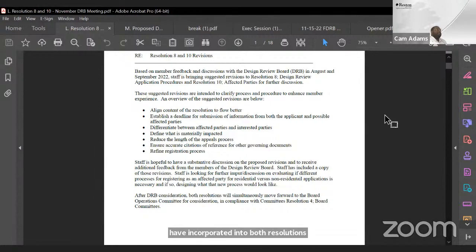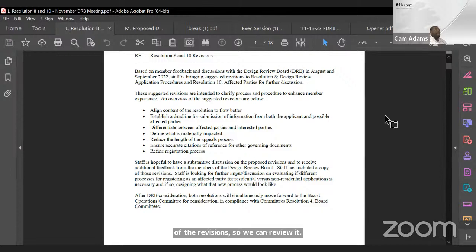Since the last discussion on resolution 8, specifically on the design review board's process, we haven't made any changes. I believe the consensus was that the resolution was pretty well done in terms of the revisions. We can review it if the DRB has specific questions, or if someone wasn't there during the original review.